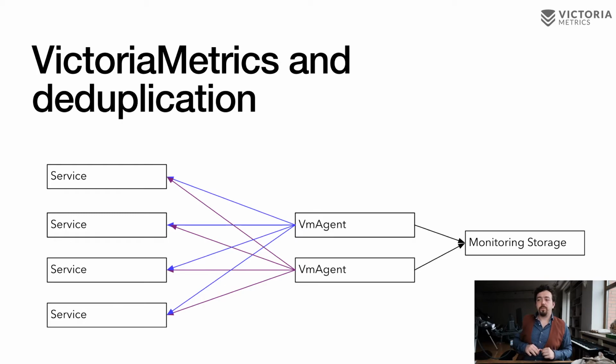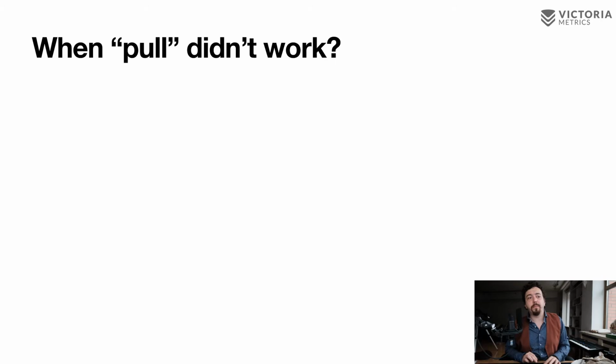You can use vmagent to collect metrics 2 times, 3 times. It will increase your network traffic, but on the storage side, the duplicated data will be removed. It works okay, and it fixes this high availability problem.